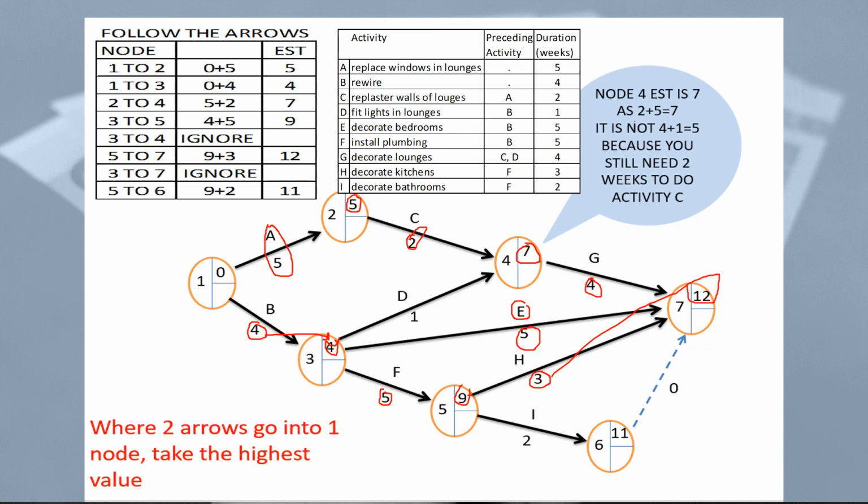So we can see how by taking the different activities here and the duration in number of weeks, we can actually plot them and start to build up a critical path analysis.